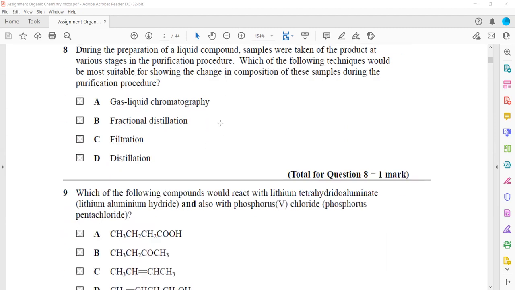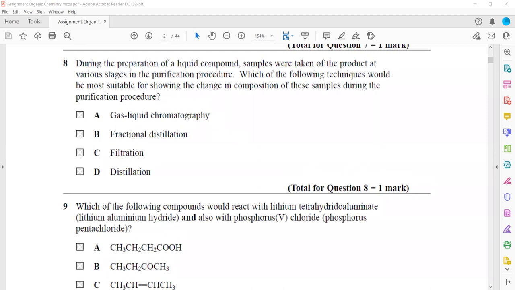In question 8, during the preparation of a liquid compound, samples were taken of the product at various stages in the purification procedure. Which of the following techniques would be most suitable for showing the change in composition of a sample during the purification?